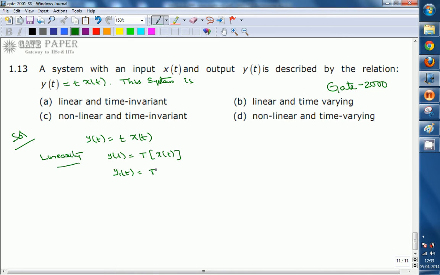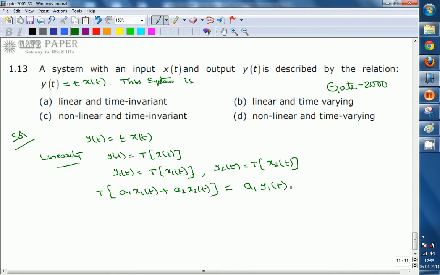Taking y1(t) as the transformation on the signal x1(t), and y2(t) as the transformation on the signal x2(t), the transformation on a1·x1(t) + a2·x2(t) must be equal to a1·y1(t) + a2·y2(t).